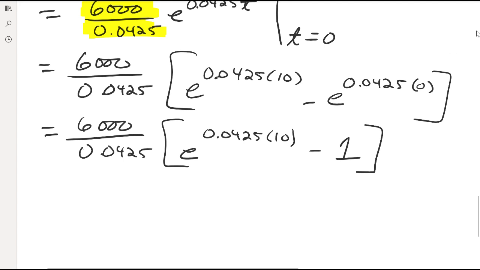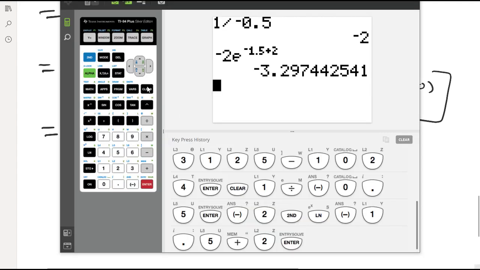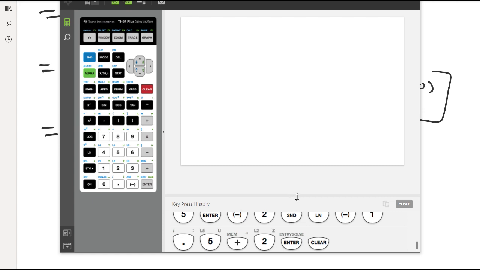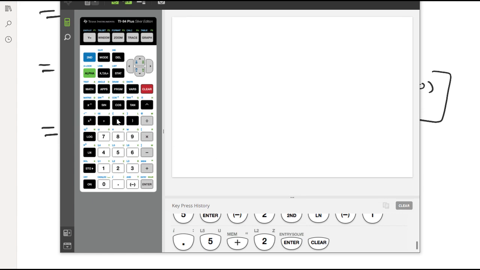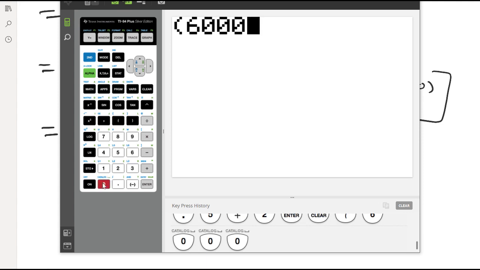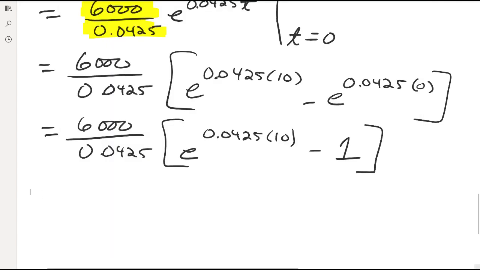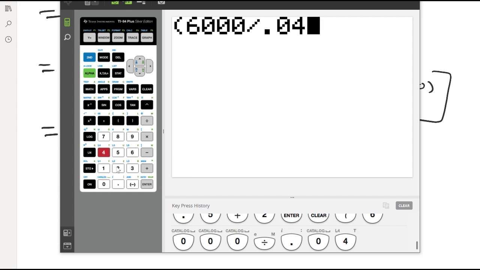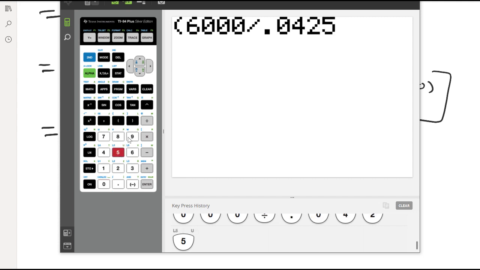Okay, so to figure this answer out to 2 decimal places, we're going to go to our calculator. Let's make this a little bigger. I'm going to open parentheses, 6,000 divided by 0.0425, close parentheses.